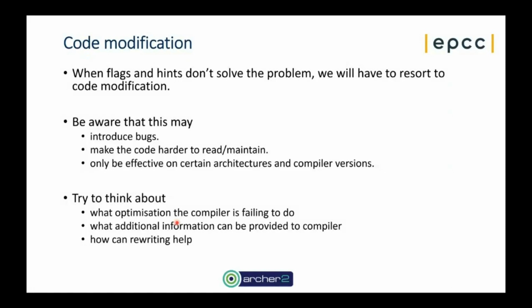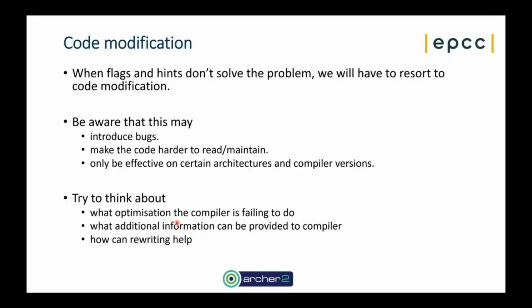And so you may have to modify code to improve performance as well. Of course, the trade-offs there is you may introduce bugs, you may make the code harder to read or maintain, and you may end up doing optimizations to your code which are not as portable as the general code. So they don't give you good performance on other architectures.